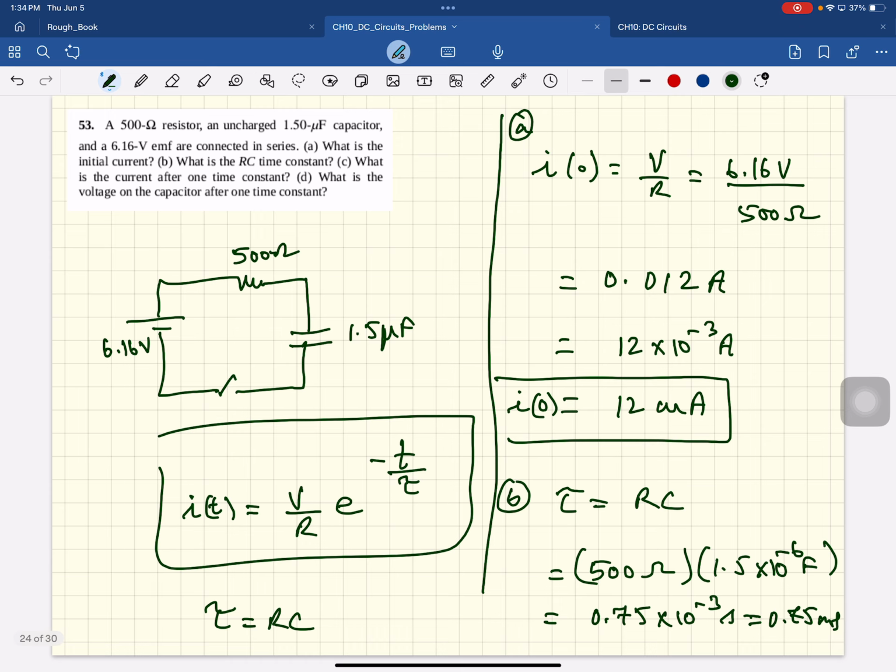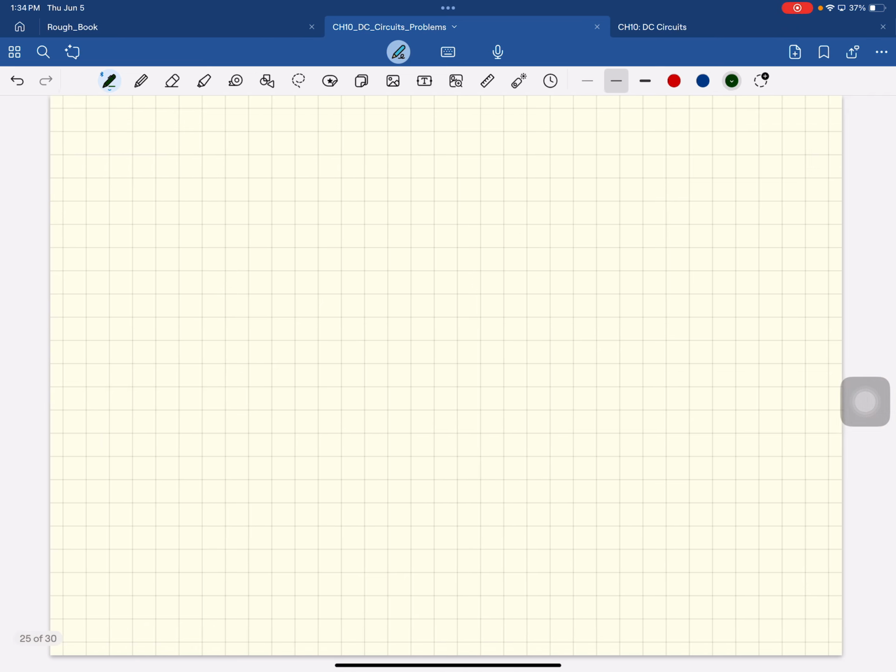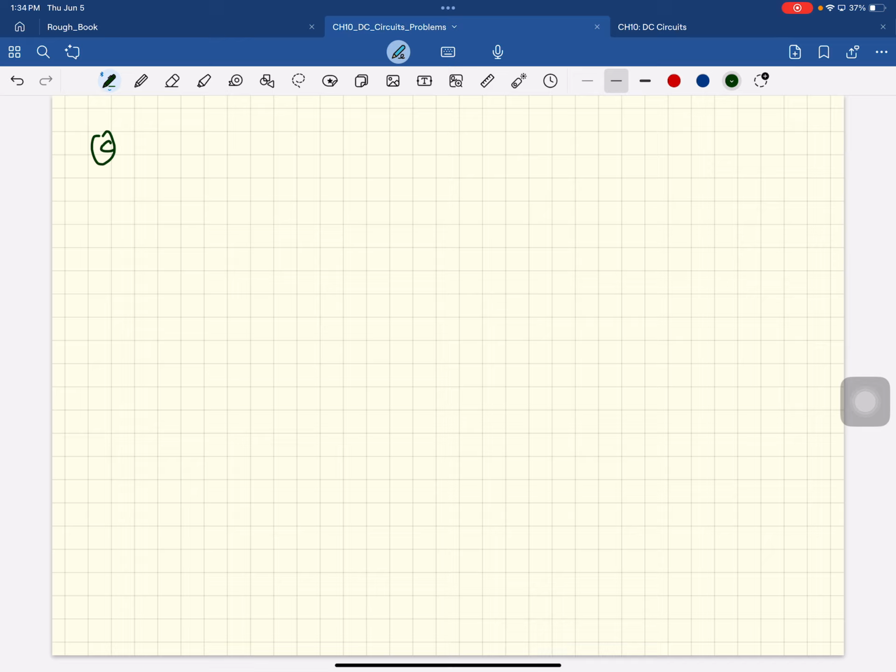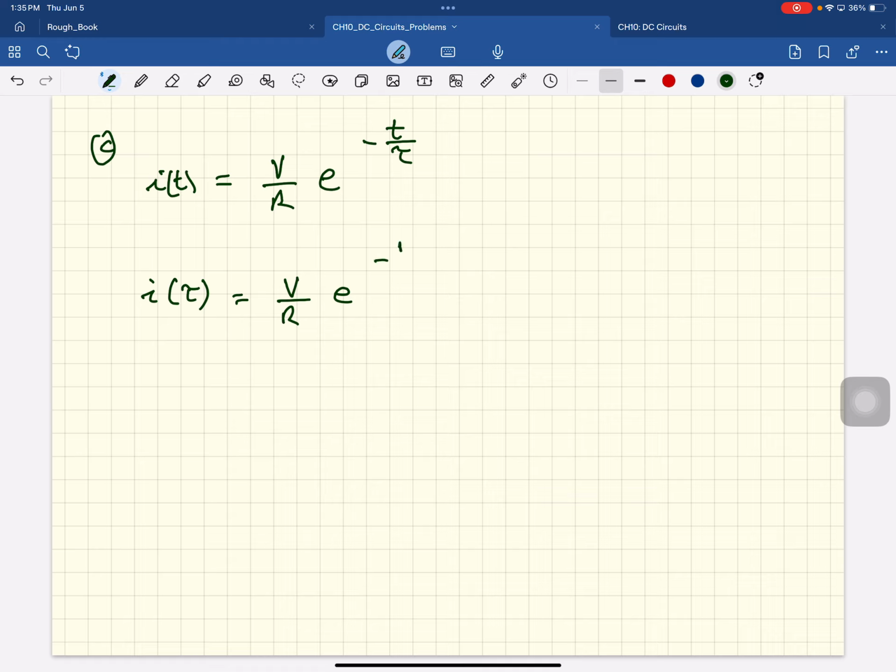What is the current after one time constant? The current was V over R, e to the power of minus t over tau. They want you to find the current at tau. It's V over R, e to the power of minus tau over tau. So it's V over R times 1 over e.